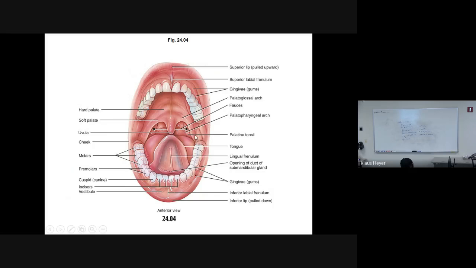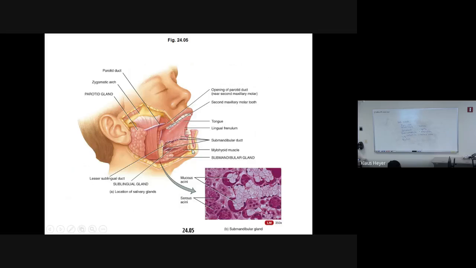You've got another one on the side here, and then another one here. So you've got sublingual and parotid.